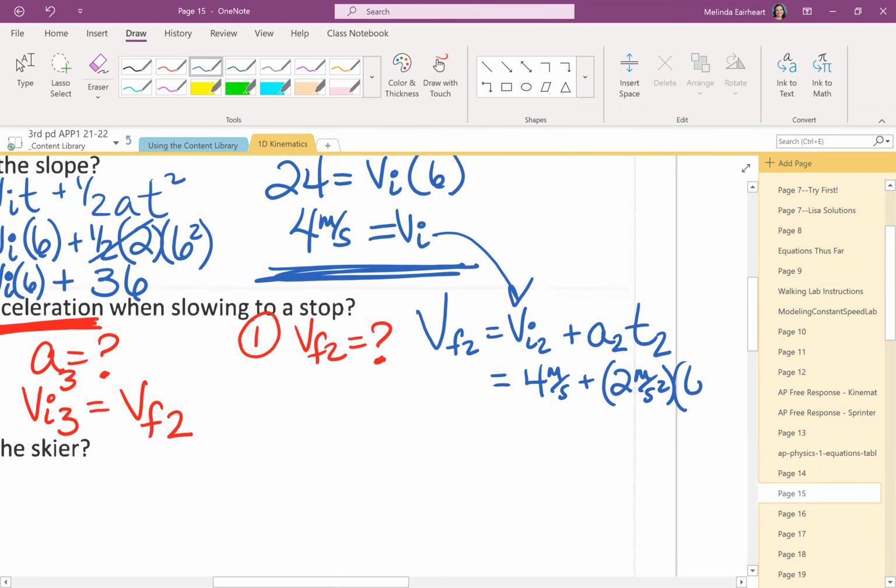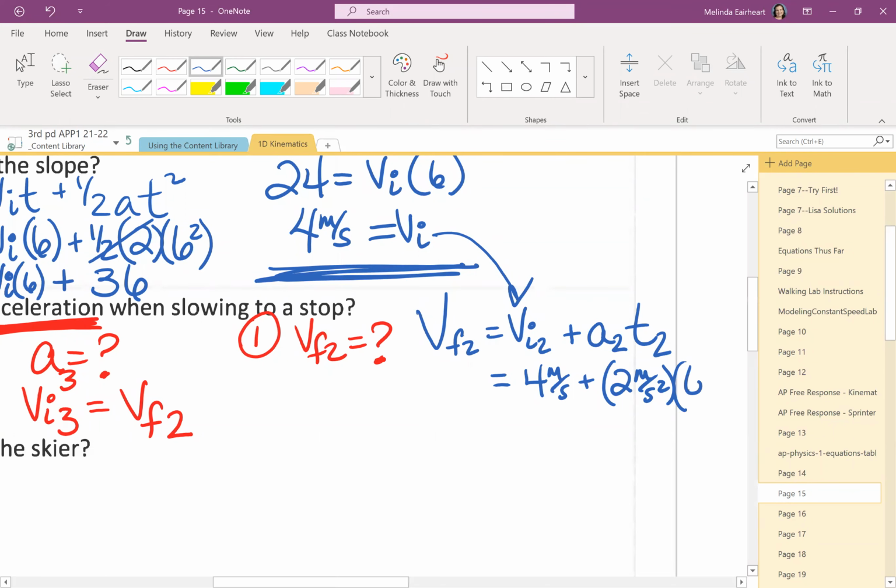Now, every once in a while, I try to include the units just to emphasize that not only are we doing the math with numbers, we're doing the algebra with units as well. Notice when you have seconds times meters per second squared, what happens? Seconds in the numerator, seconds squared in the denominator.